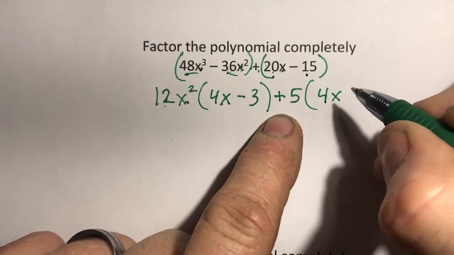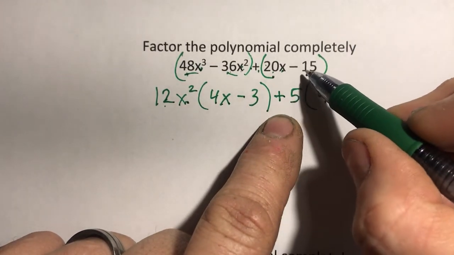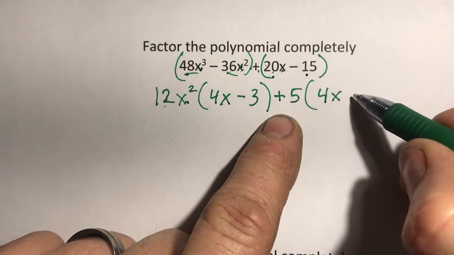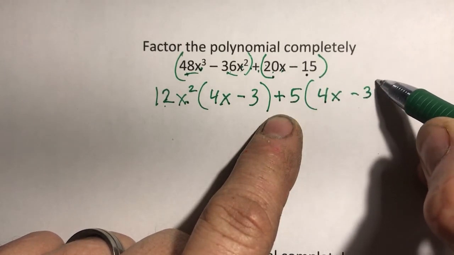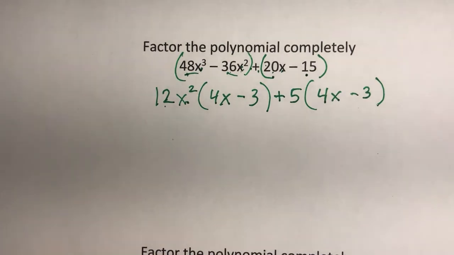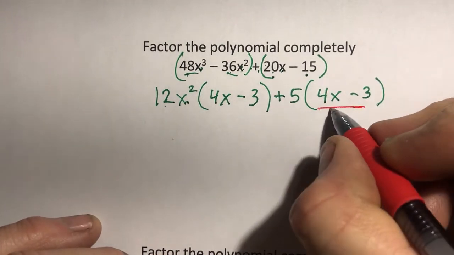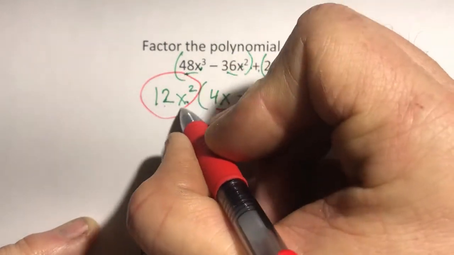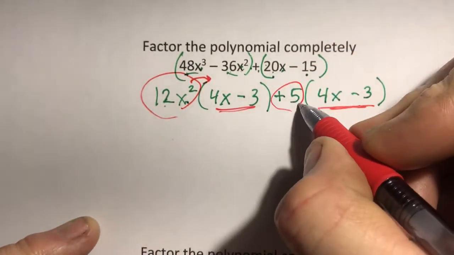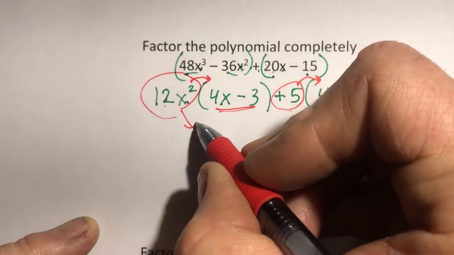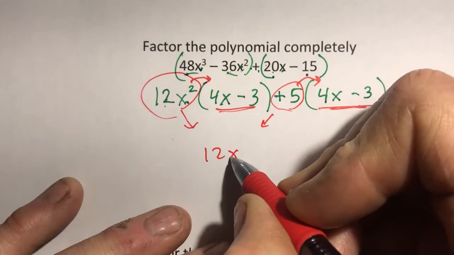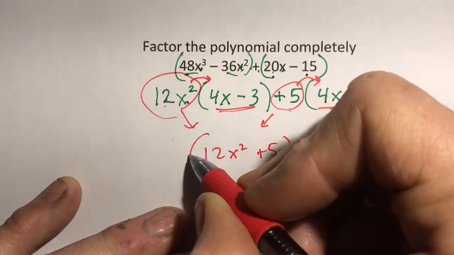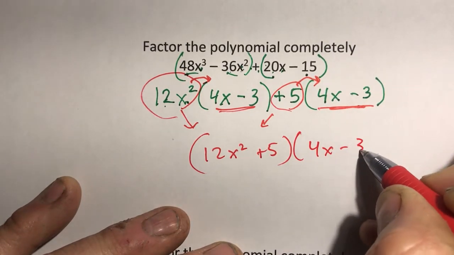I'm not dividing it out. Then I got minus 15 divided by 5, which would be negative 3. And there you go. And then just like we've been talking about, these two are the same, which means I have 12x squared times it, and I've got 5 times it, so I can put those two together. 12x squared plus 5 times the 4x minus 3.